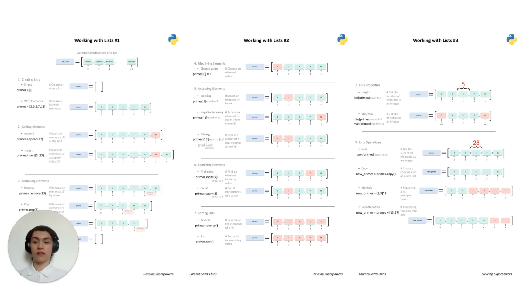Then I have some more advanced ways of working with lists. I can add boxes. So I do .append to add one at the end, or .insert, index, and then the box I want to add, to add one at a specific position. You can also remove a box, so remove it by index, remove it by the value. You can also change the values to say primes[0] is equal to something else.